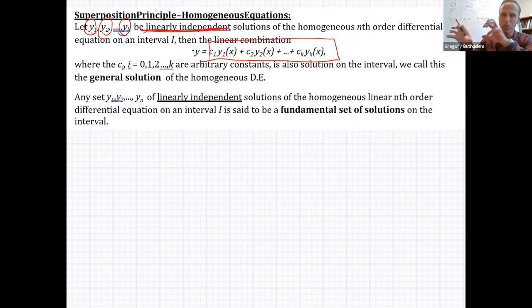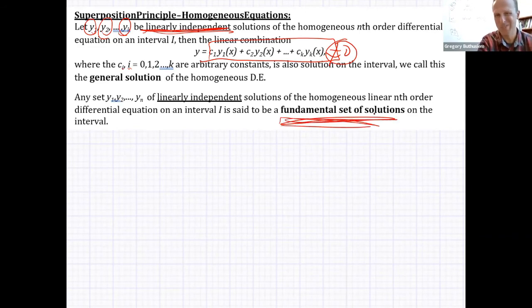So we're going to take all those individual functions that each solve the differential equation, and combine them into one giant solution where we take the linear combination of them, which we know isn't going to equal 0, because they're independent. That linear combination is what we call the general solution to the differential equation. We could call all these solutions the fundamental set of solutions. It doesn't really matter. What we really care about is when we put them together, we get what's called the general solution. That's the most important part.